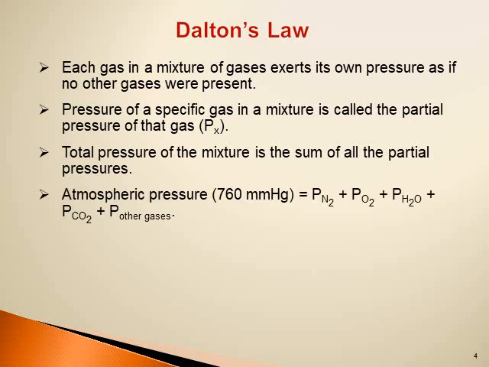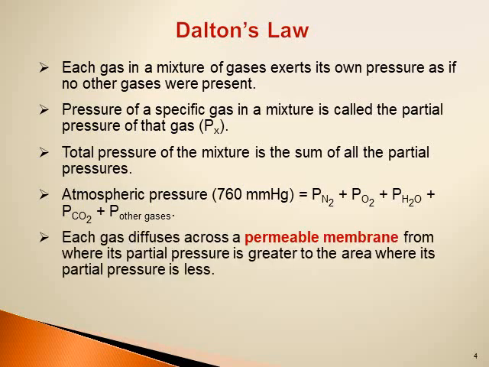For example, the atmospheric air pressure, which is 760 millimeter mercury at sea level, is equal to the total of nitrogen partial pressure, oxygen partial pressure, water vapor partial pressure, plus the partial pressure of carbon dioxide and the partial pressure of other trace gases. Each gas in the mixture diffuses across a permeable membrane from where its partial pressure is greater to the area where its partial pressure is less.